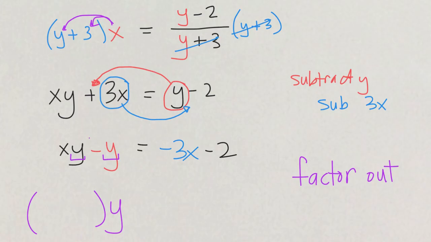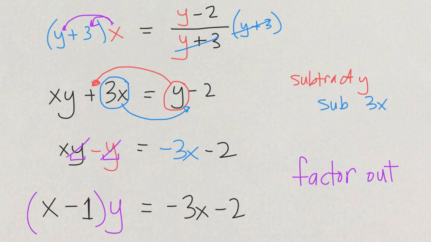So y divided by y, what's left over? That's just 1x. And if I do y divided by y, what's anything divided by itself? Is 1. So on the left side, I now have x minus 1 times y equals negative 3x minus 2.